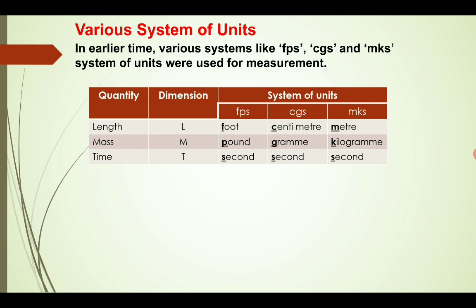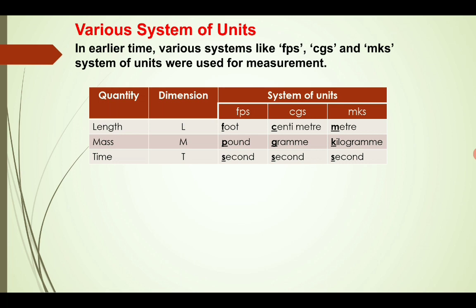Like in length measurement, some people use palm length, some use the foot, some use inches, and some use so many different scales. So we need a scale which is the same internationally.